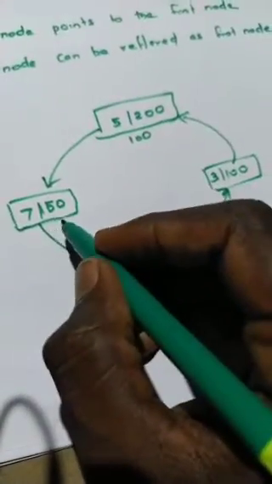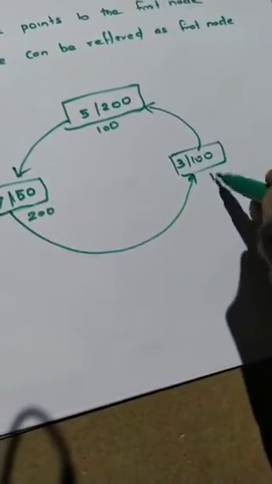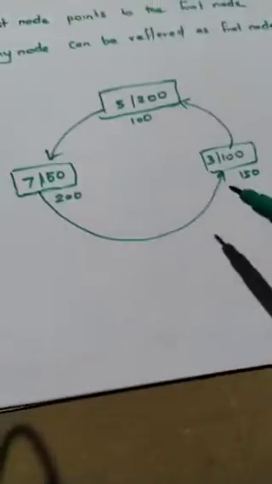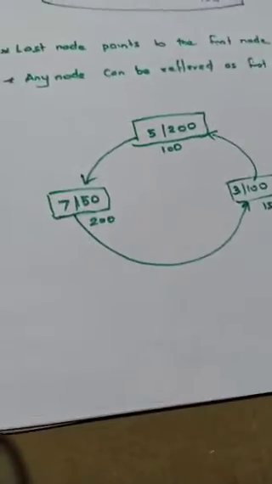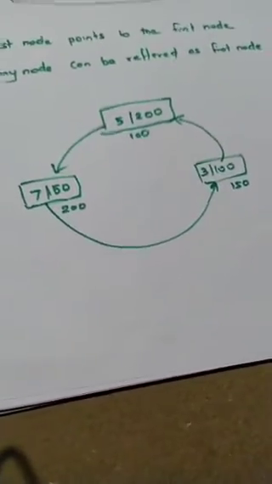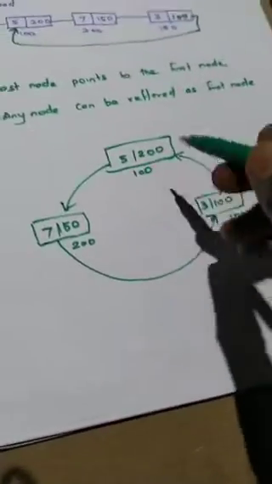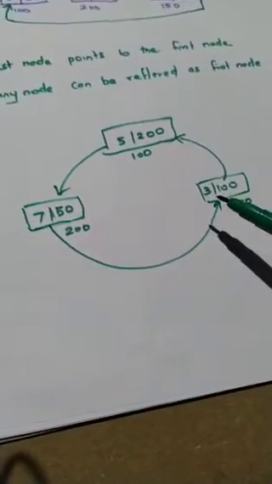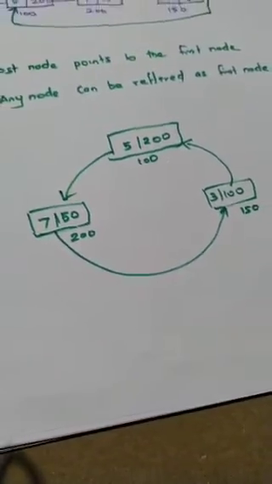I forgot to write it. That's a random address, right? Okay, so now it has become a cycle. This is just a pictorial representation of the linked list. Now I can choose any node as the first node from this list, right?